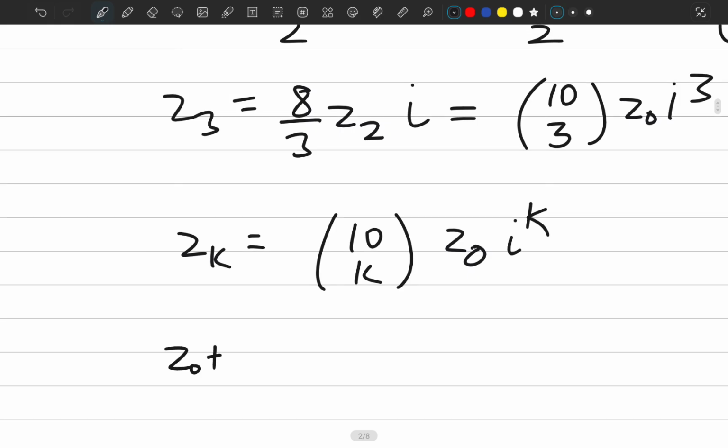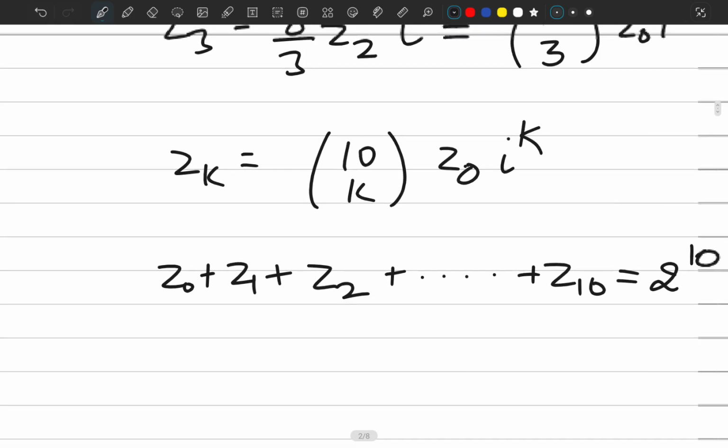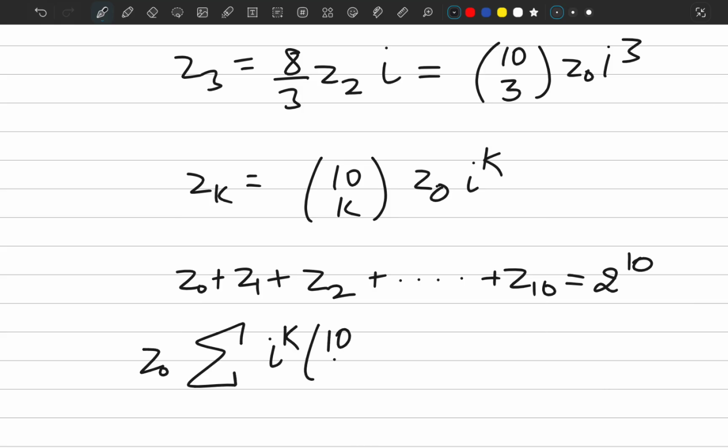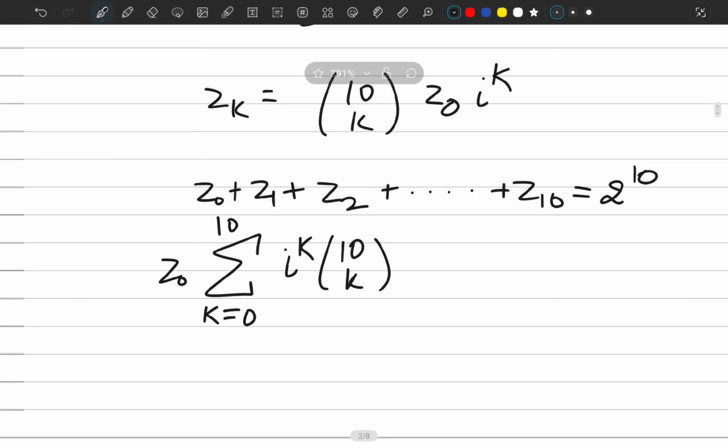Now we had z0 plus z1 plus z2 up till z10 given as 2 to the power of 10. If we put in these values, we can get the summation. z0 will be outside, so we can get the sum of 10Ck iota to the power k, k from 0 up till 10.